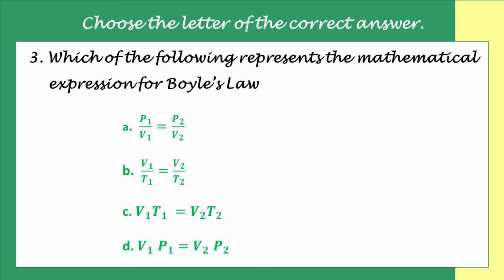A. P1 over V1 equals P2 over V2, B. V1 over T1 is equal to V2 over T2, C. V1 times T1 is equal to V2 times T2, D. V1 times P1 is equal to V2 times P2. Letter D. Excellent answer.